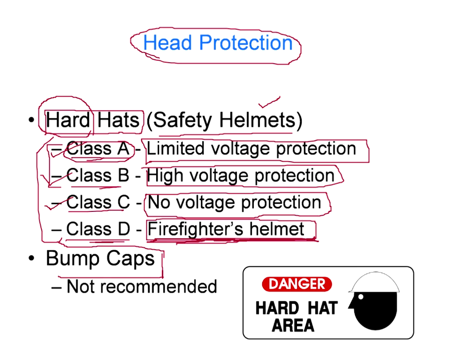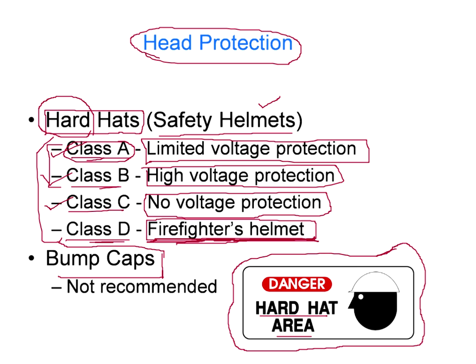Among these four classes, the first two save the head from electrical shocks. The third class has no voltage protection. Class D is the firefighters' helmet. It protects from heat as well, with thermal insulation, which means it insulates against heat radiation.